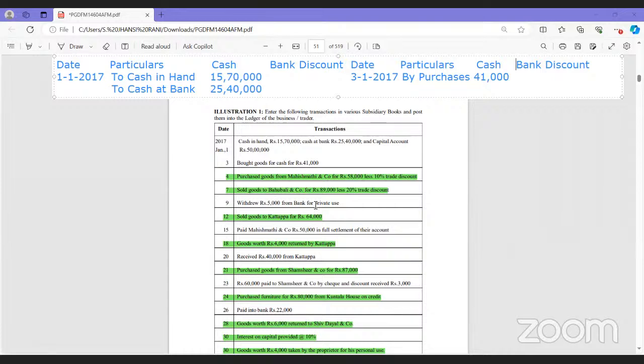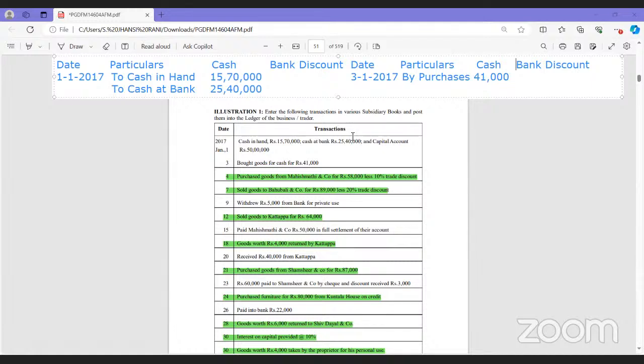Whenever the owner is taking any amount from the business, we call it drawing. So whenever it is withdrawing, cash is going out. He's taking from the bank. So whenever he's taking from the bank, cash is going out of the business, either in the form of cheque or in the form of cash.